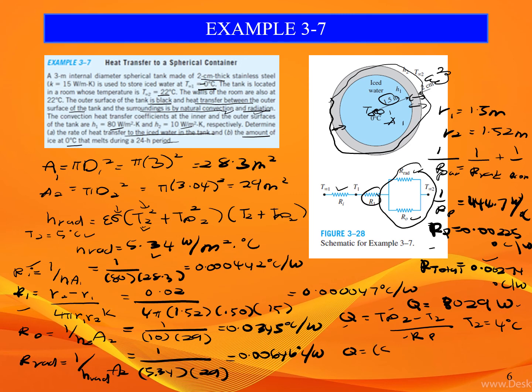So we have to multiply 8,029 times 24 hours, and we need to convert to seconds, times 3,600, and then the answer is 693,700 kilojoule.